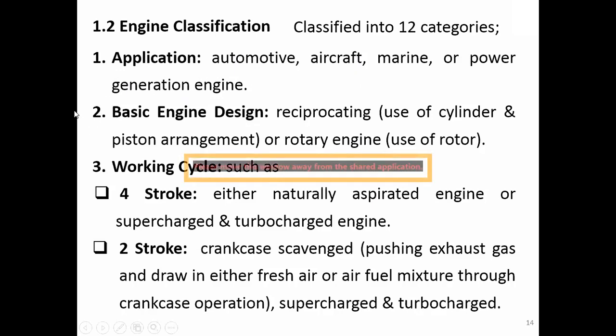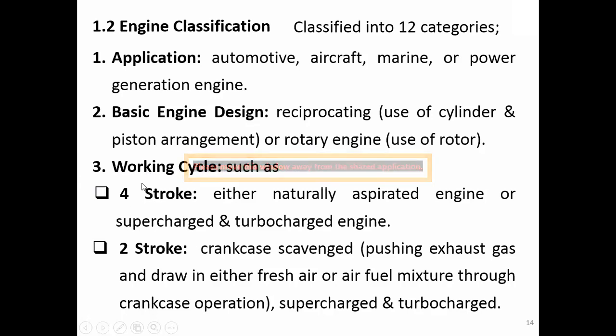Okay. The second classification is on the basic engine design, right? We can have the engine in the form of piston and cylinder. We can have the engine in the form of rotor and cylinders. Okay. Classify according to the working cycles. Right?